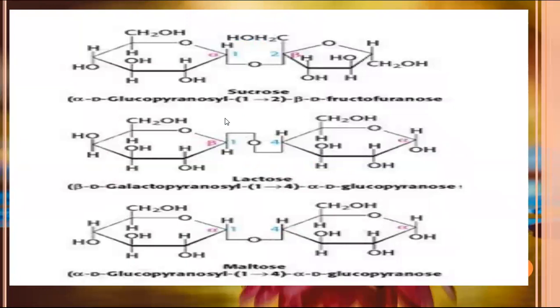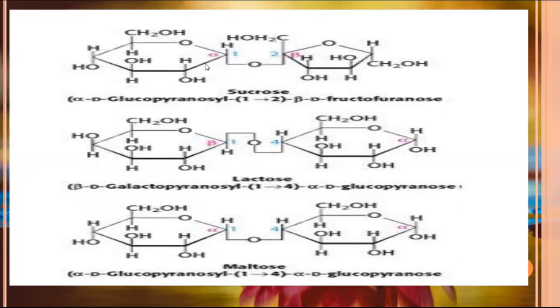Now, in the formation of sucrose, the first carbon atom of the glucose molecule and the second carbon atom of the fructose molecule are involved. Between the first carbon of glucose and the second carbon of fructose, a glycosidic bond is formed.